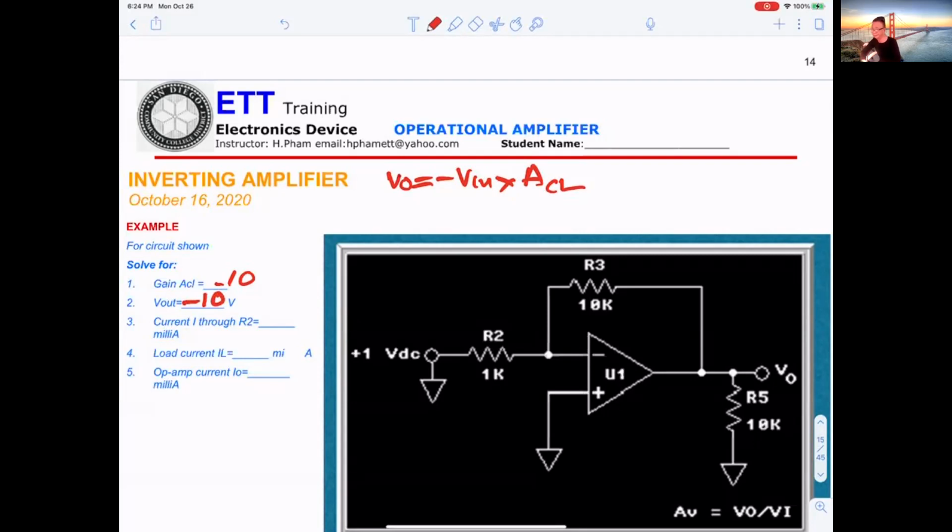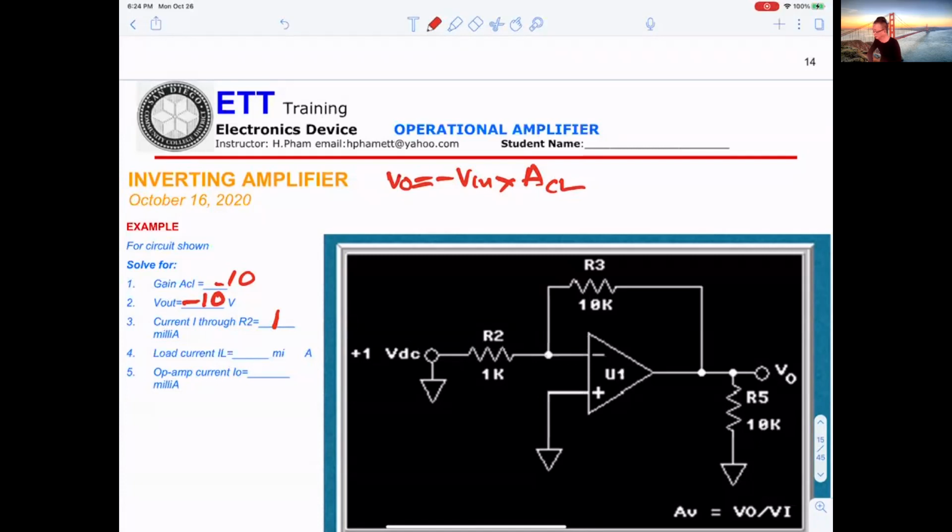Current I: you get V in at 1 volt, R1 is 1K, so you take V in divided by R1. 1 milliamp. Yeah, sorry, 1 milliamp.